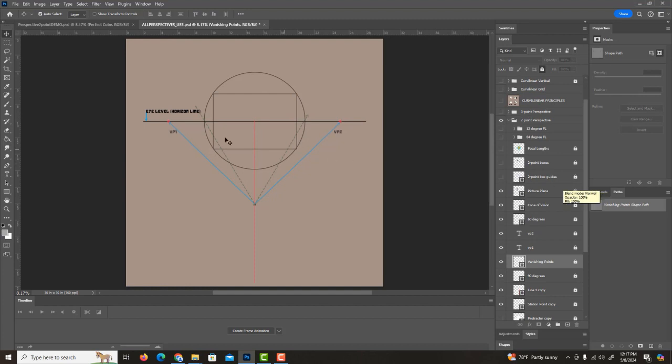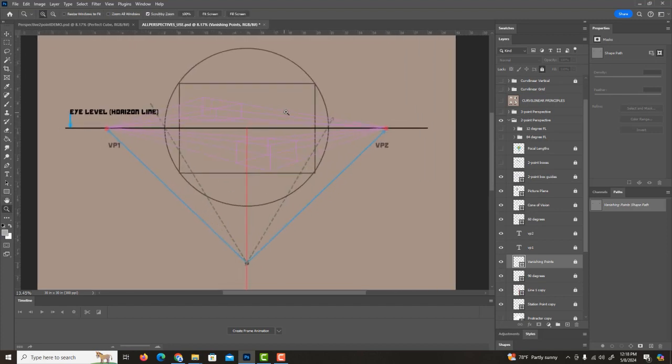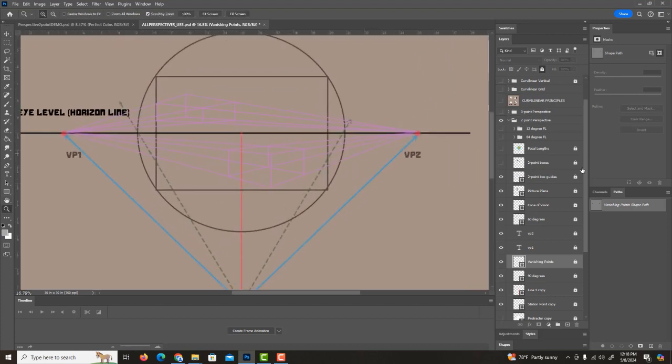So now you're drawing the horizontals from the vanishing points, the left and the right side, but the verticals are staying the same. So if you're going to draw your guides, see if we can change this color.